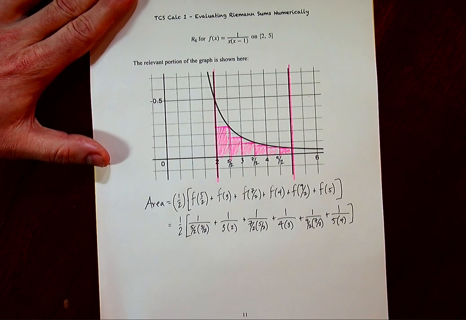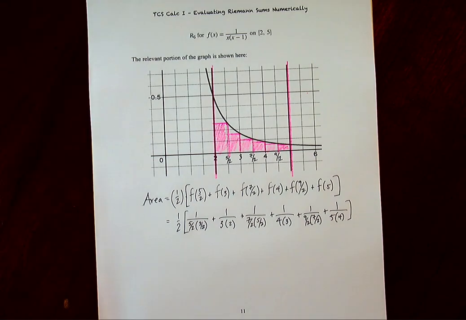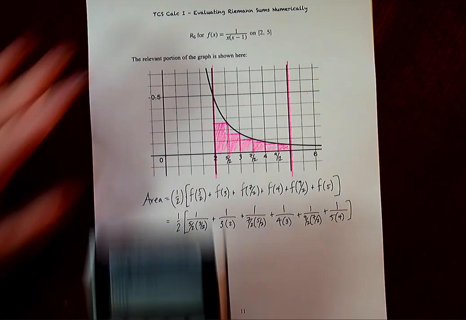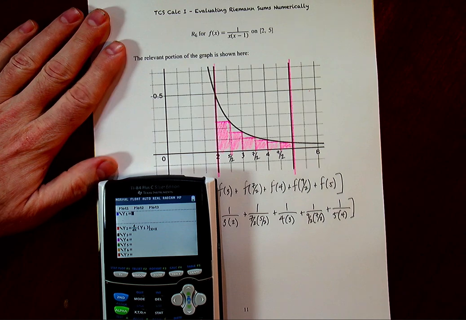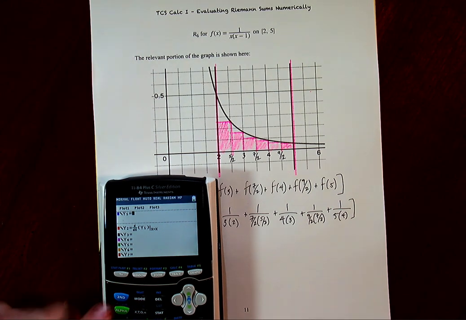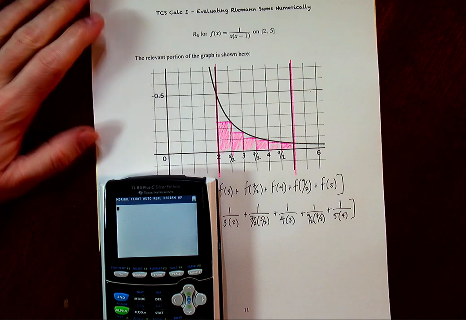Now that still looks a little bit ugly, so I tell you what, let's actually do this one with our calculator. So let's go to our y1, and let's go ahead and plug in, let's create the fraction, 1 over x times x minus 1, and then let's actually go to the home screen.